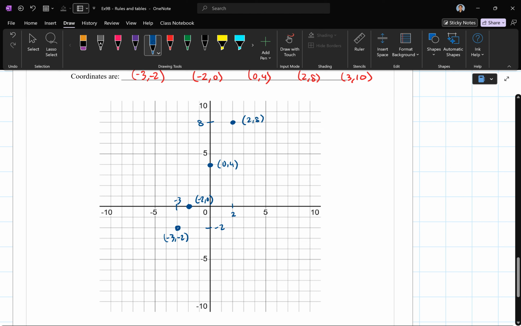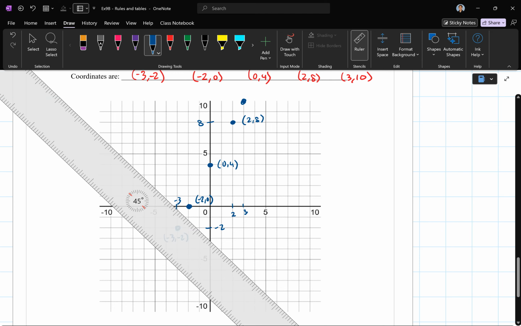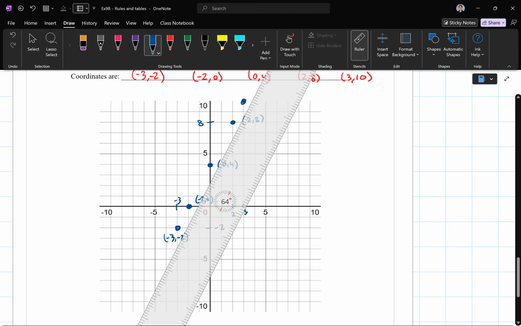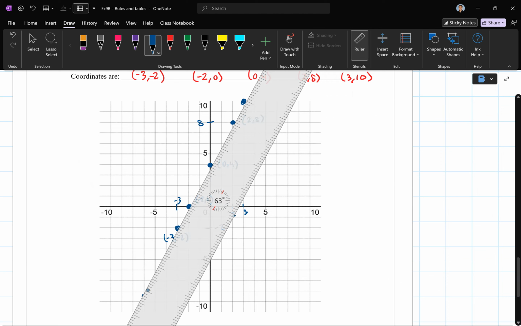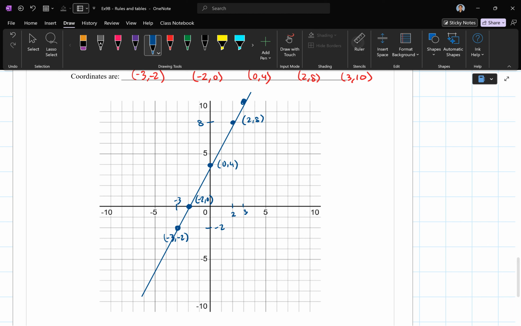And lastly, 3, 10. If you did this correctly, if you use a ruler, it should sketch out very nicely to be a nice straight line.